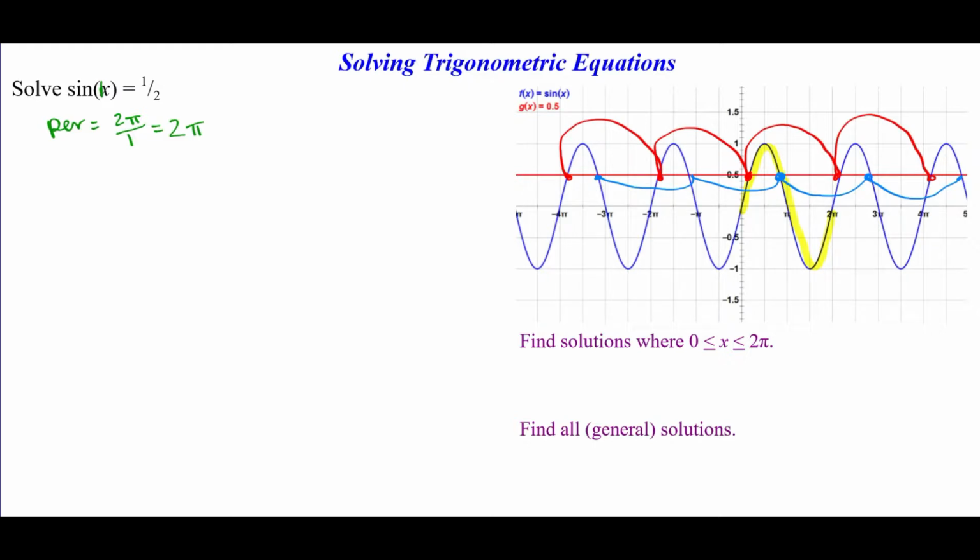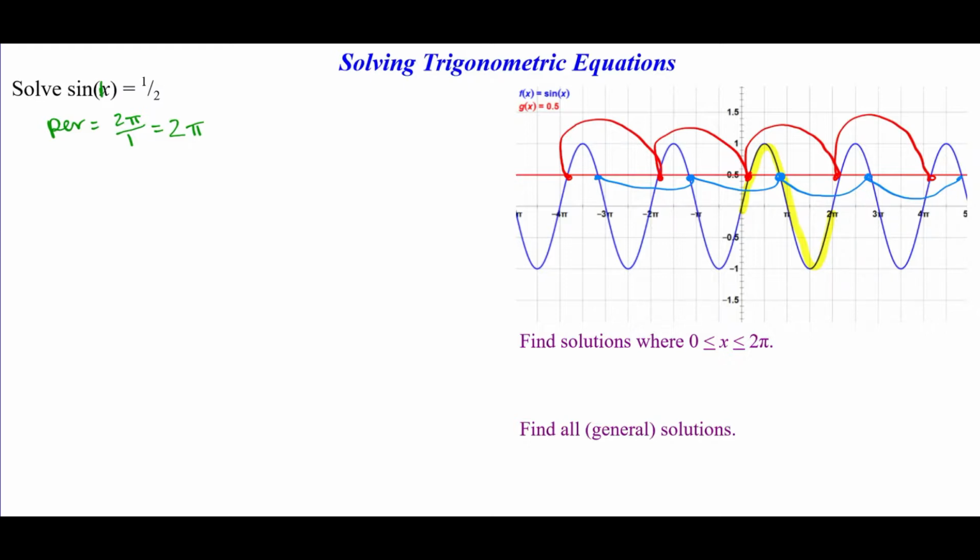The other half of my infinite solutions come from that second answer in the highlighted region, and then adding or subtracting the period. So we just need to find the solutions within one period, and then we can add or subtract the period any number of times to write our general solutions, or to describe our infinitely many solutions.